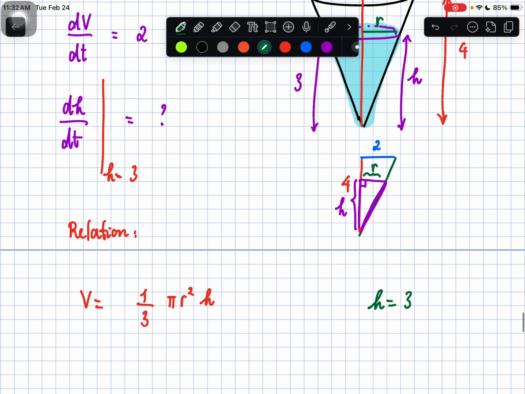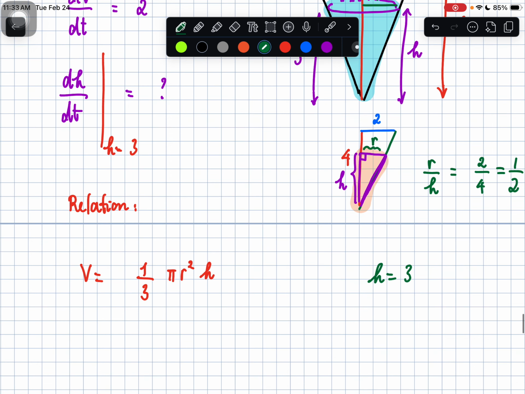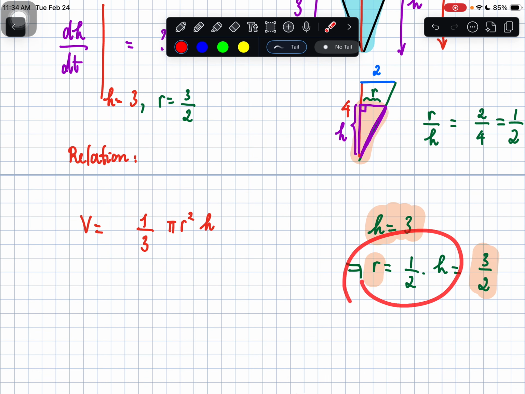We have the relation: this right triangle is similar to the bigger right triangle. We have radius over h equal to the radius of the bigger triangle over its height, 2 over 4. So you know that radius over h equals 1/2. So the radius is always 1/2 of the height.